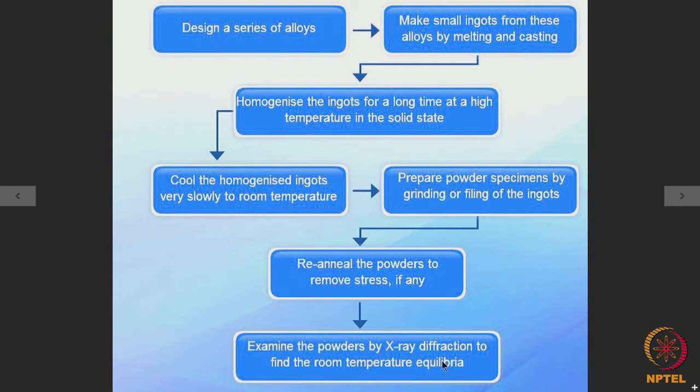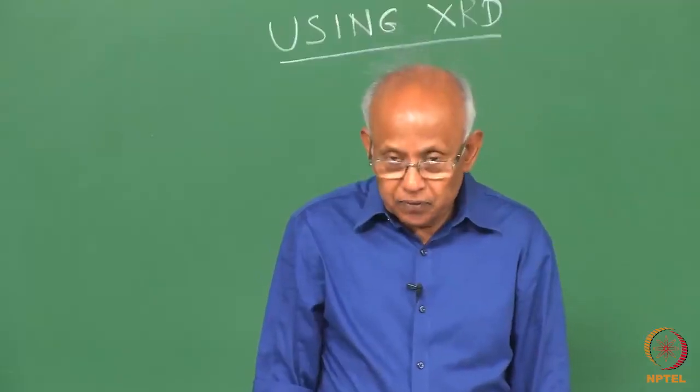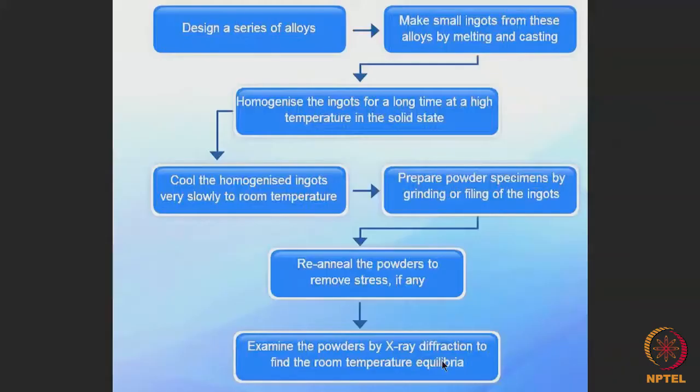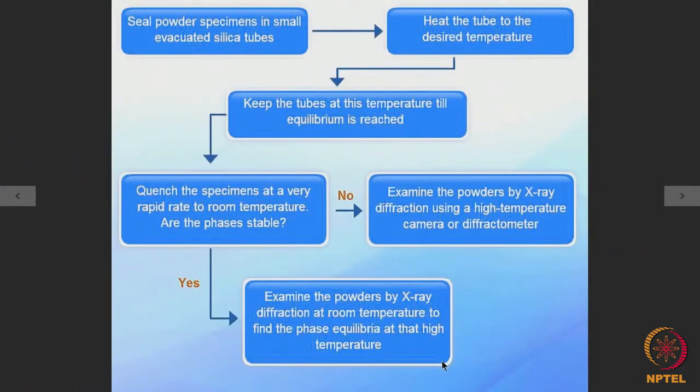So, this is how we find out the room temperature equilibrium by the X-ray diffraction process. Now, when we deal with the phases at higher temperature, what should we do?